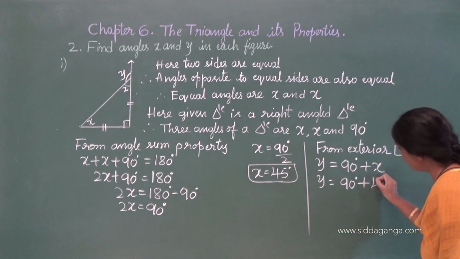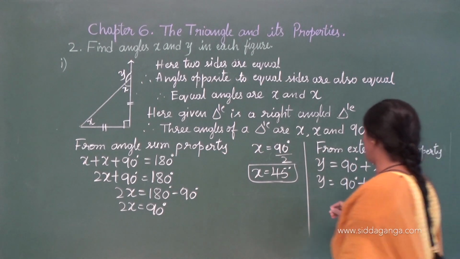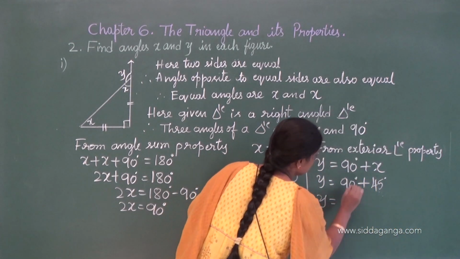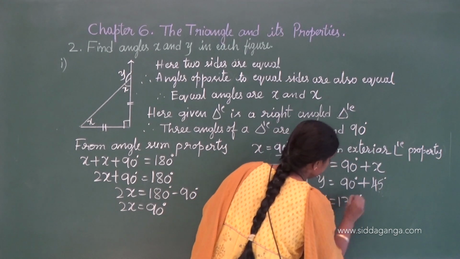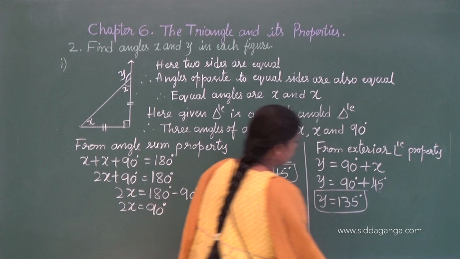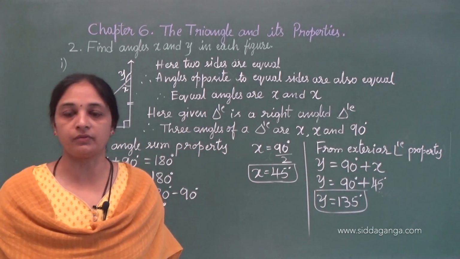It is 45 degree. Then the value of y is 90 plus 45, which is 135 degree. The value of y is 135 degree.